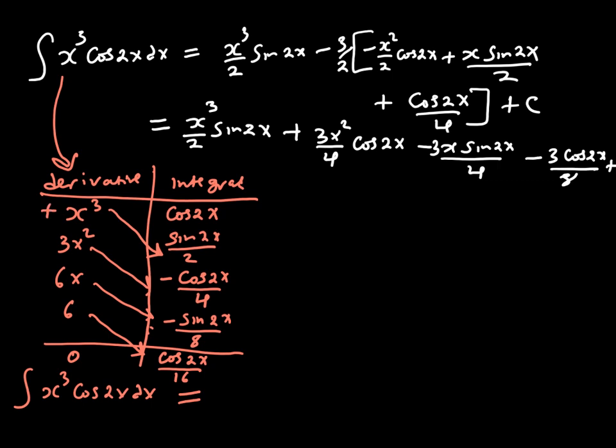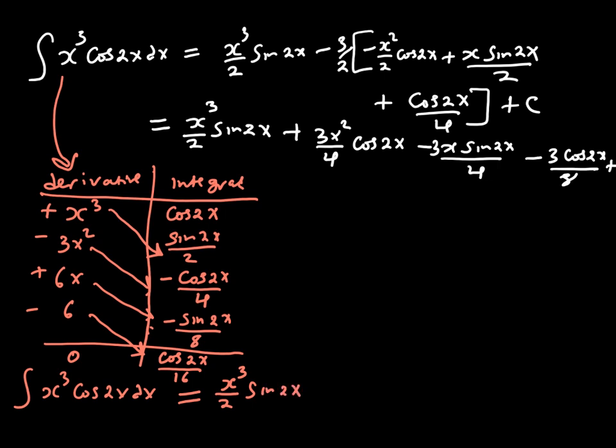The first one is positive, the second is negative. Positive, negative, okay. This first product is x cubed over 2 sine of 2x, okay.